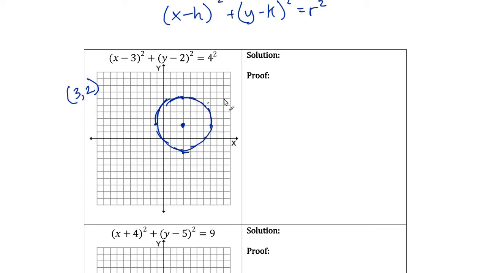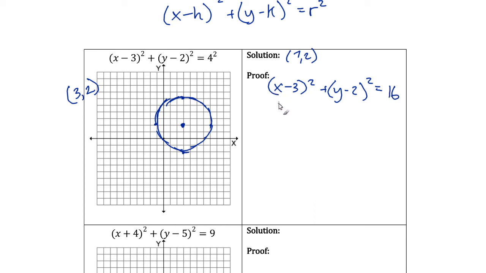Okay, so I'm going to take one of my solutions. This should be 7, 2. And it should work. I'll write the whole thing out: x minus 3 squared plus y minus 2 squared should give me 4 squared, I'm just going to put 16.